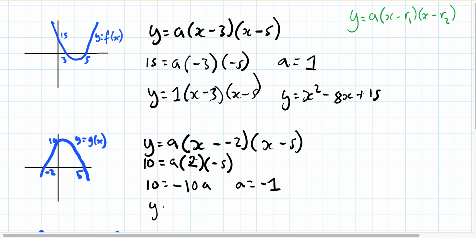So y equals minus, and then I'm just going to expand my bracket out. I'll write out (x plus 2)(x minus 5), and then if I just expand that out, I'll get minus x squared plus 3x plus 10.